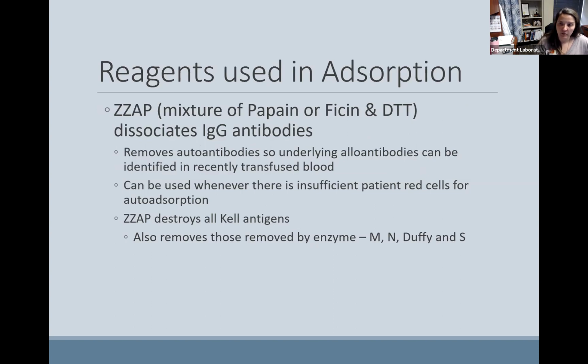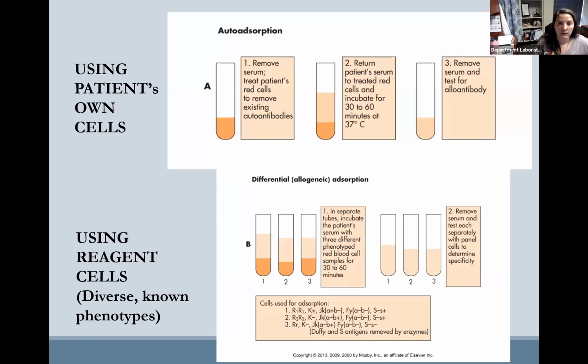So you will not be able to identify the underlying antibodies if it's one of those categories. And we talked about this in the previous lecture, using patient cells for an auto absorption versus using known reagent cells for a differential absorption.